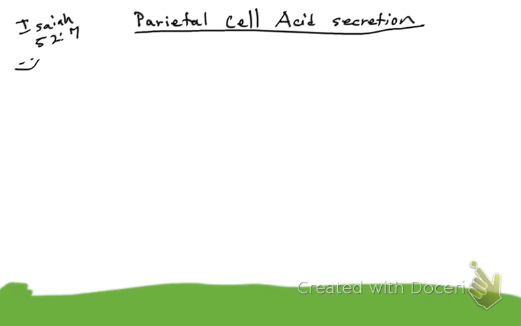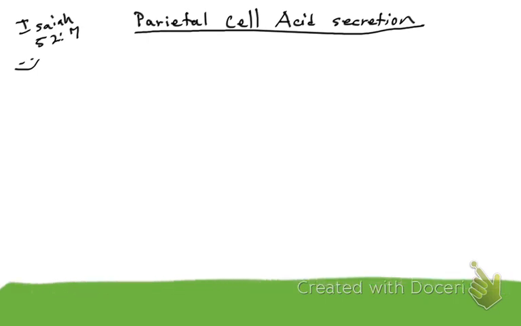What we can find in the gastric lumen, let me just write it here: gastric lumen. The other area that we are going to see is the cells and the vagus stimulation.